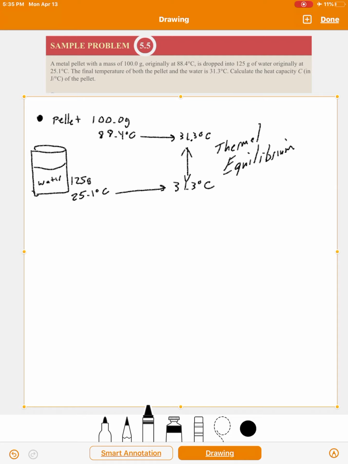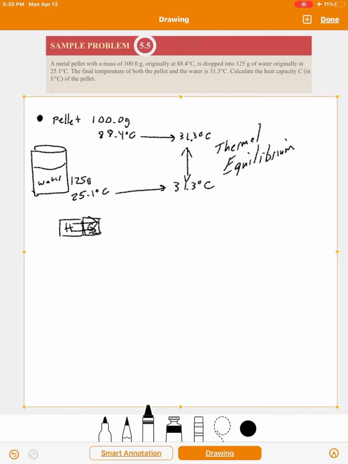Well, you have to be very careful about it. What's happening is, remember, when you're talking about heat transfer, the direction is important. Heat transfers from the hotter object to the colder object. So if this one's hot and this one's cold, the heat's going to go this way. Right? And that's what's happening here.